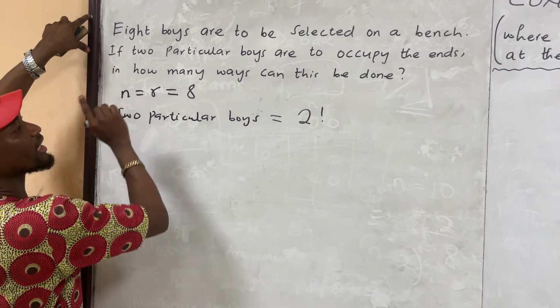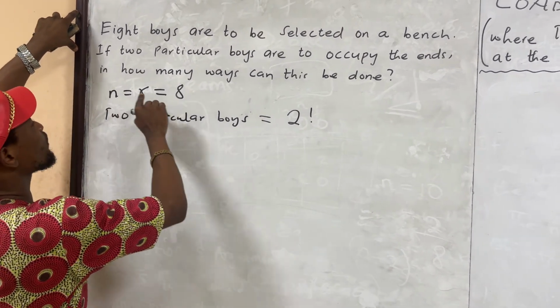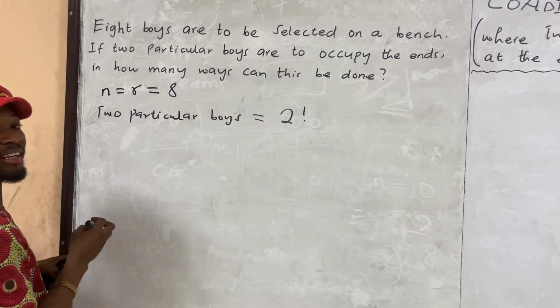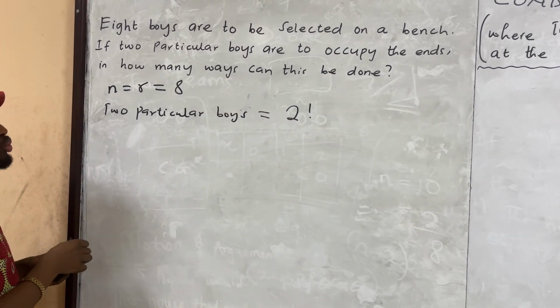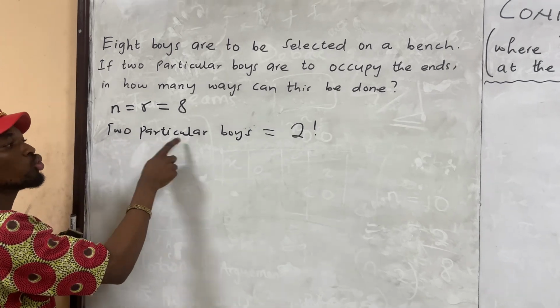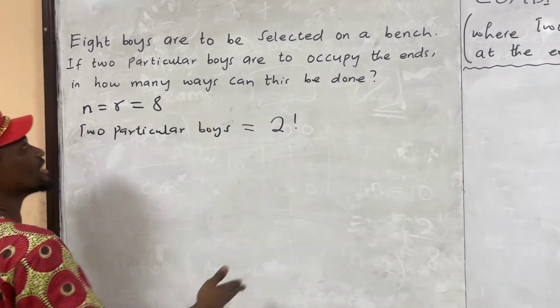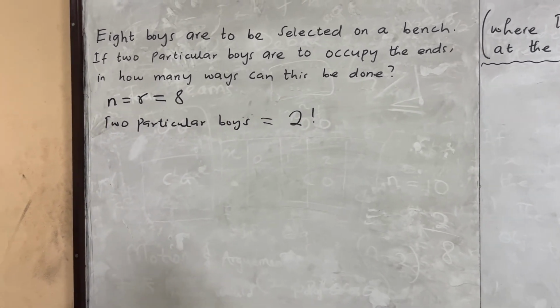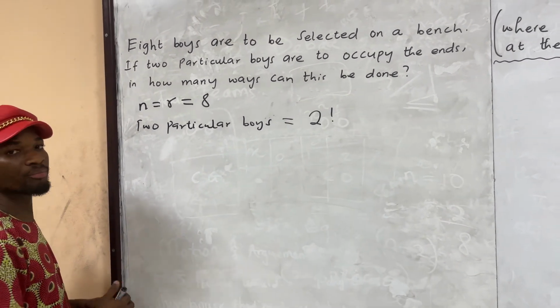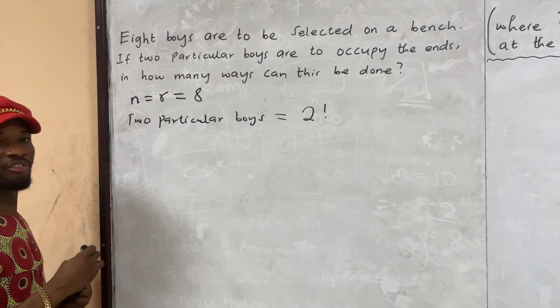Then here they are saying, in how many ways can this be done if we want to arrange these 2 particular boys at the ends of the arrangement? Viewers, this is very trivial.